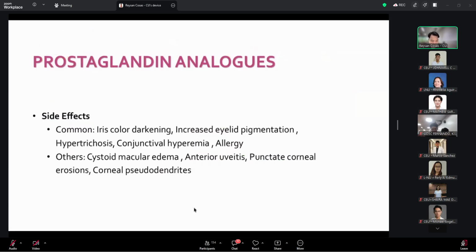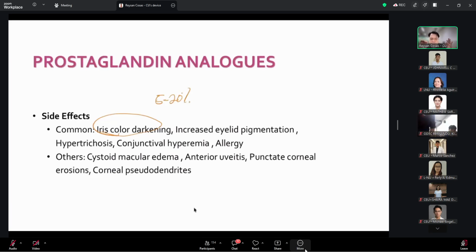So what are the known side effects? I told you they have good safety profile, but perhaps the most unique of these side effects that were documented is the darkening of the iris color, which occurs in approximately 5 to 20% of patients.